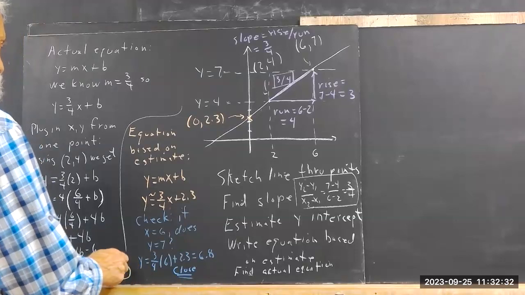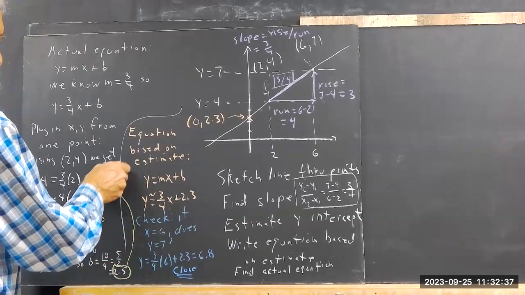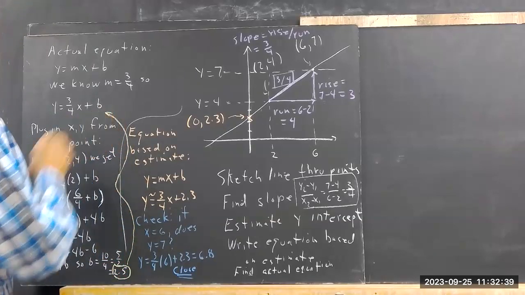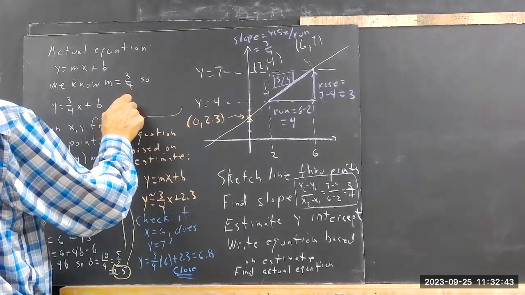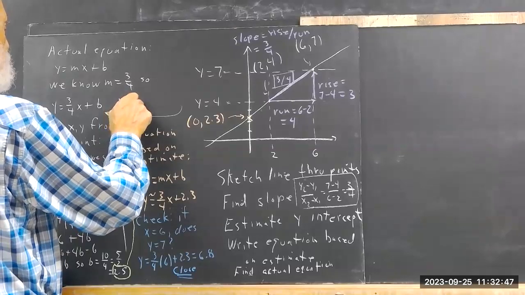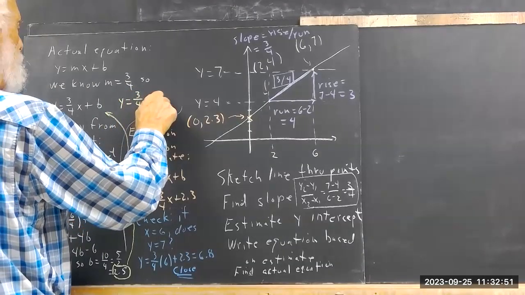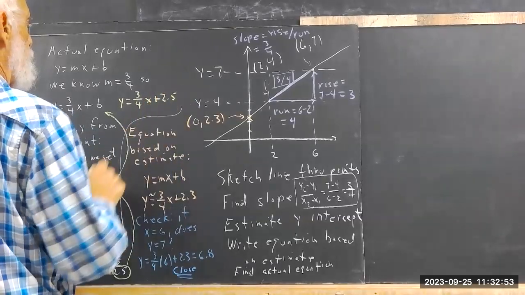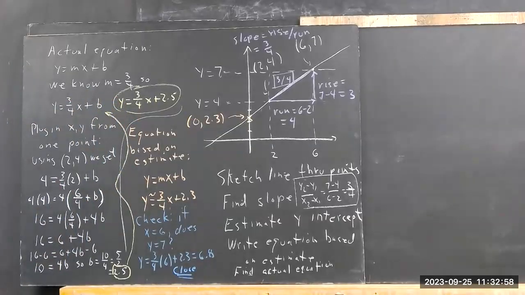That's our value of B. So we're going to bring that back up here and plug it in for B. And we get y equals 3/4 x plus 2.5.